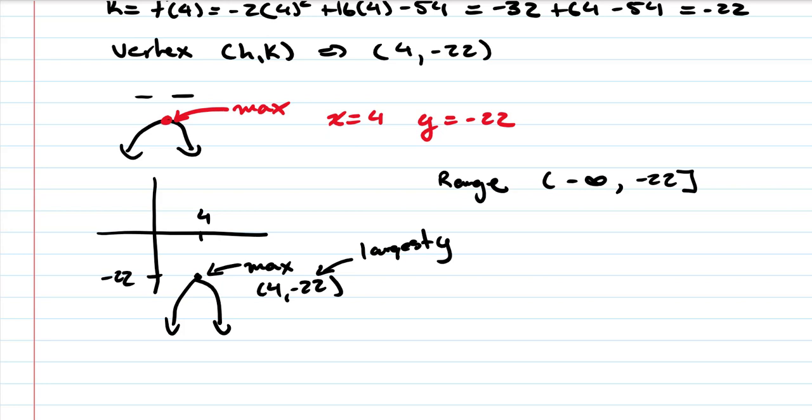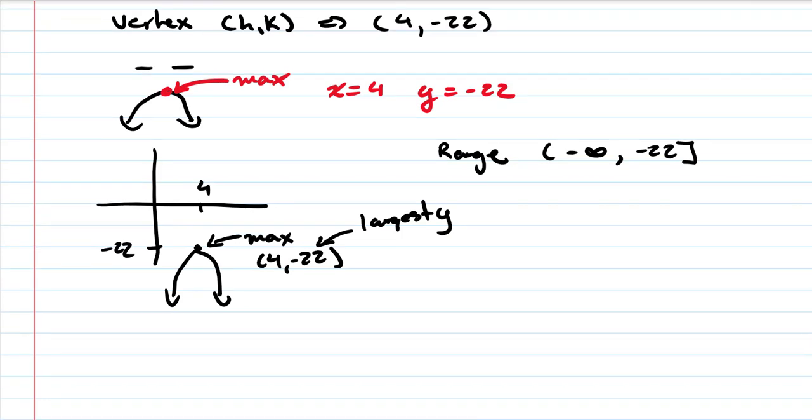And then the last part is we want to know the intervals where it's increasing and decreasing. Well, we know a graph can change from increasing to decreasing at a maximum. So it's increasing until it reaches its vertex, and then it's decreasing afterwards.